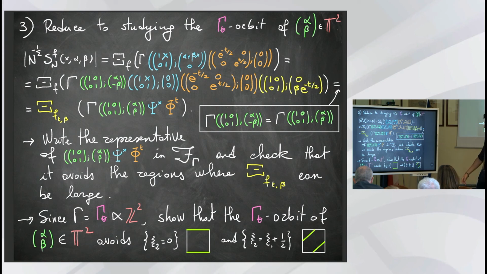And then, how do you bring things back to the fundamental domain? You harvest group elements from gamma, and you let them act on this green point. As you let them act, you can see what gamma does to these points, alpha and beta. So the price of bringing your thing back to the fundamental domain is to change your alpha beta to another alpha prime beta prime, and it's done for you by the group. But because the lattice was of the form gamma theta semidirect Z2, the Z2 takes care of this.